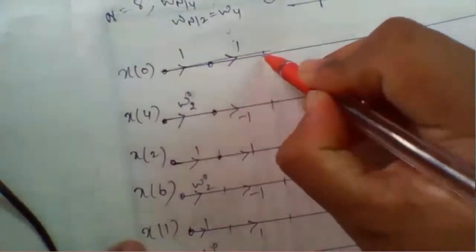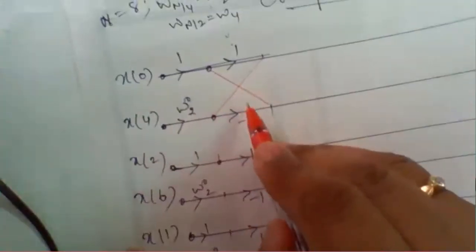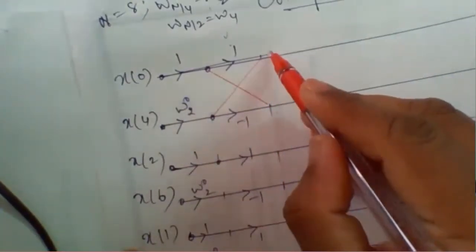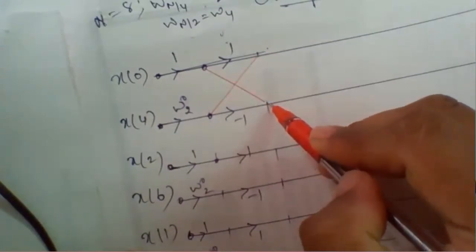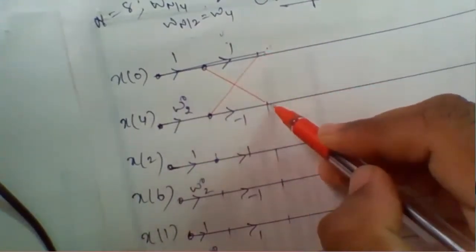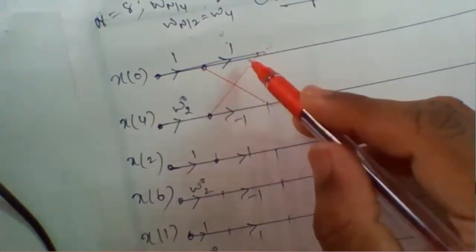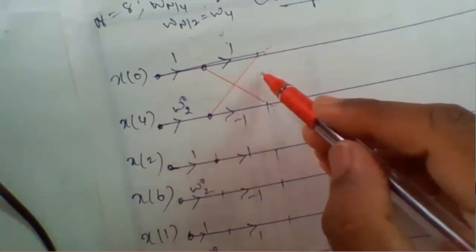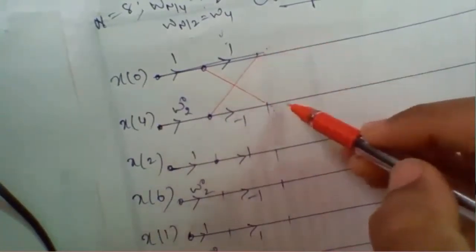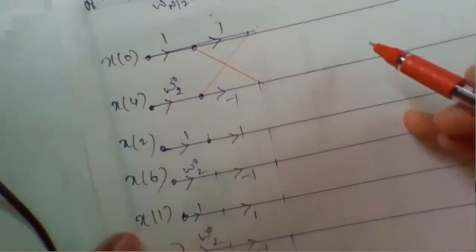This is going to generate the 2-point DFTs: one is x of 0 plus x of 4, that is addition, and at the next node I get x of 0 minus x of 4. We have taken this in detail while drawing the first stage signal flow graph, so you need not write x of 0 plus x of 4 and x of 0 minus x of 4 again. Simply go on connecting the branches.